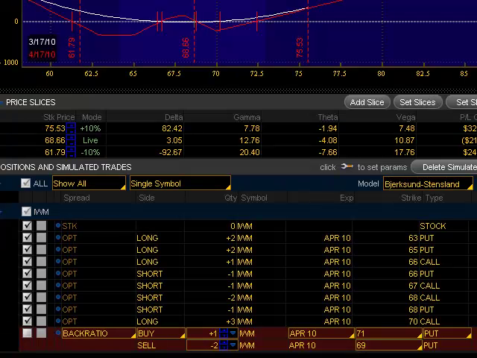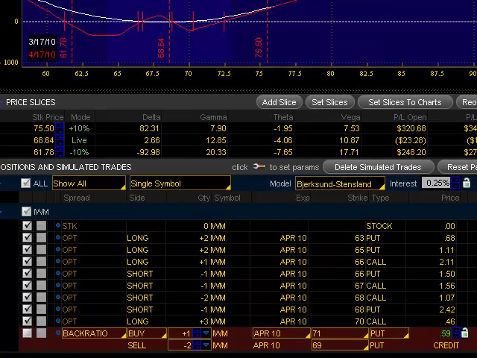Let's go back to the Analyze page, and we're going to add this last trade that I've got queued up. We're going to sell 2 April 69 puts, and we're going to buy 1 April 71 put, and we're going to do that for a 60-cent credit.